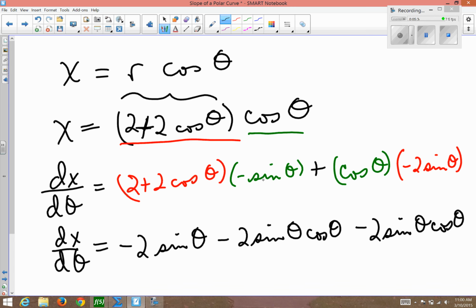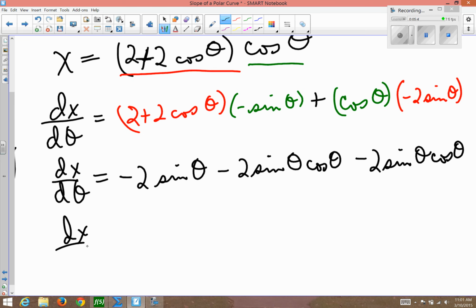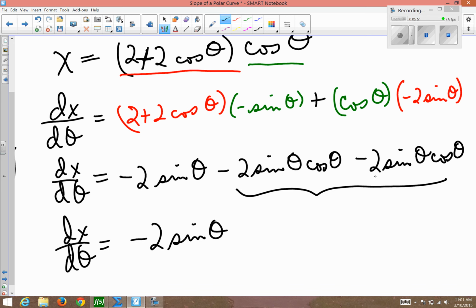I've just distributed green into the red over here, and this green times this red is right here. And I see like terms, so the derivative of x with respect to theta is negative 2 sine theta. Combine these like terms, that's negative 4 sine theta cosine theta.